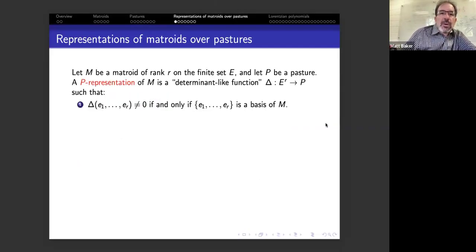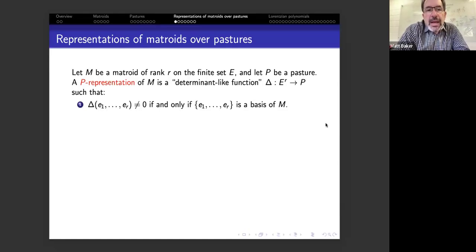Okay, so now it's time to put these algebraic structures to work and tell you how to represent matroids over pastures. So we start with a matroid M of rank R on a finite set E. P is a pasture.